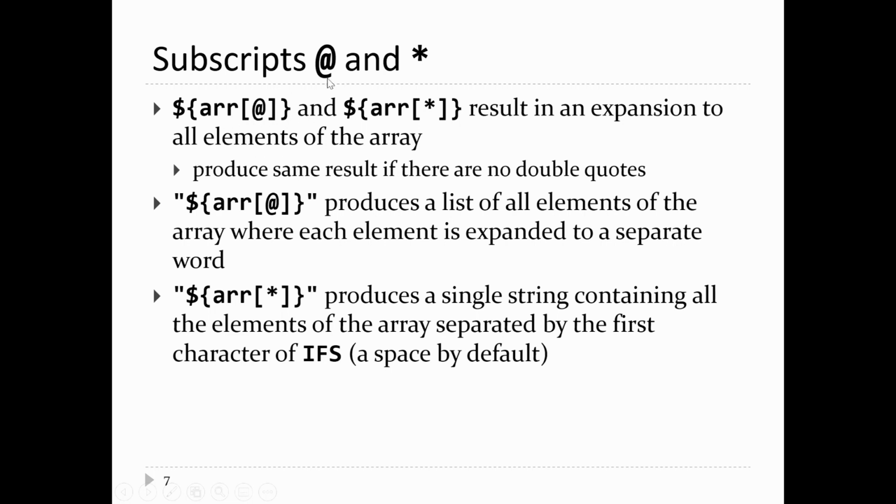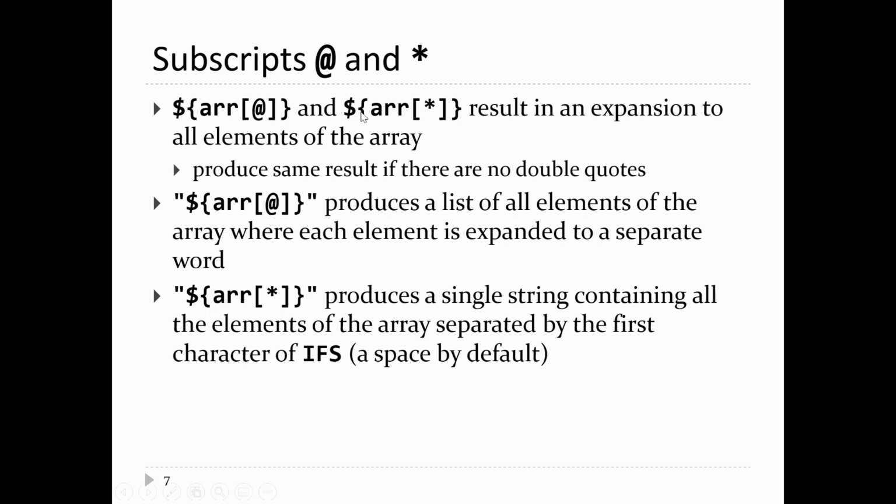All right, now so you've got these weird subscripts @ and * when you work with arrays. All right, so what these things do, if you write ${array[@]} or ${array[*]}, you get the same thing. Right? So these produce an expansion of the elements in the array.